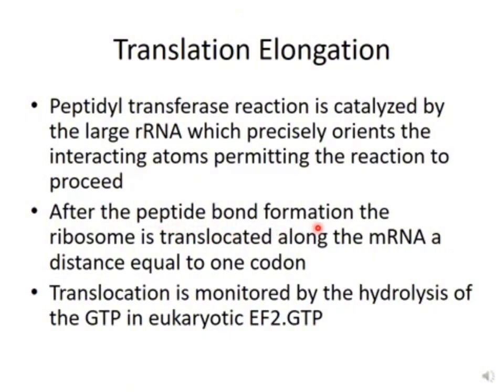After the bond is formed, the ribosome is translocated along the mRNA a distance equal to 1 codon, so 3 nucleotides. In order to make sure that translocation is an accurate step, there is the hydrolysis of the GTP in the second elongation factor, which is GTP bound elongation factor 2.